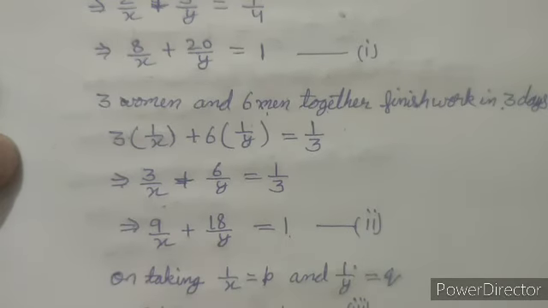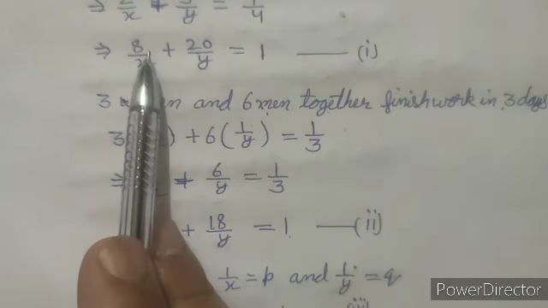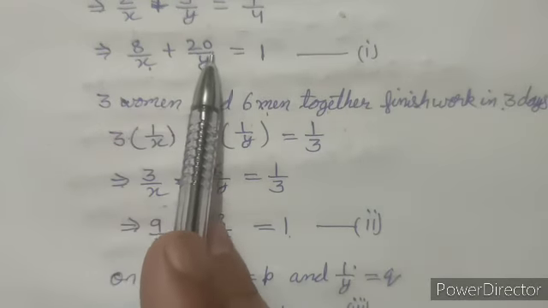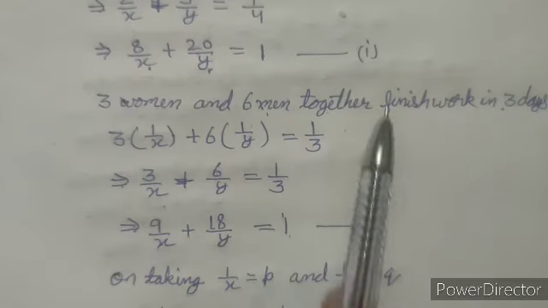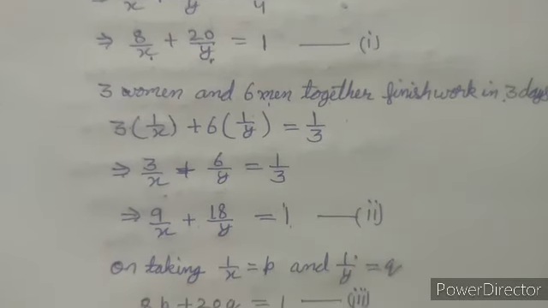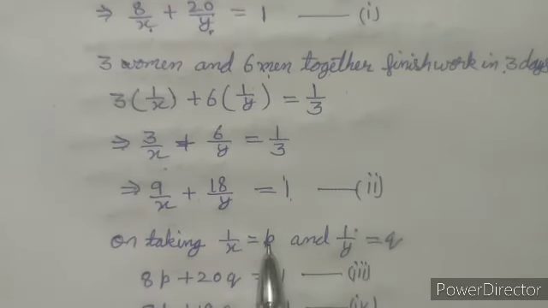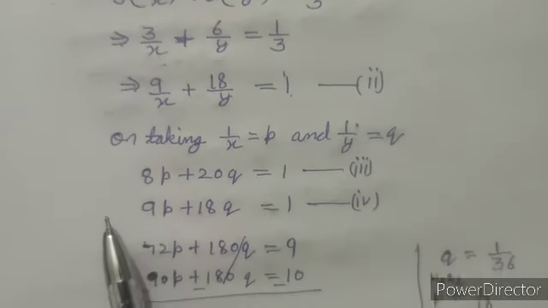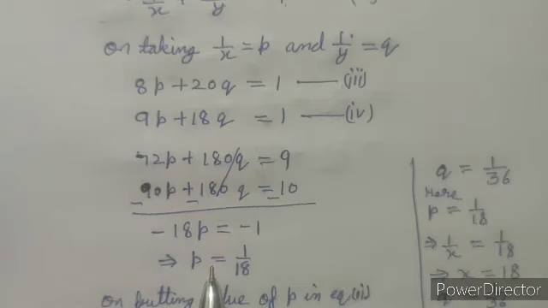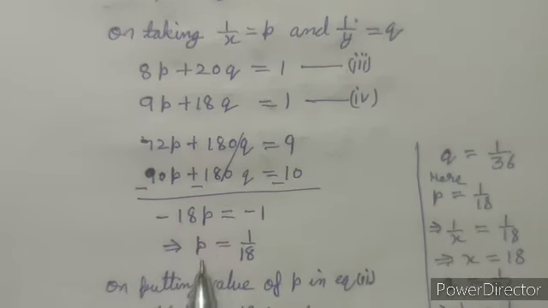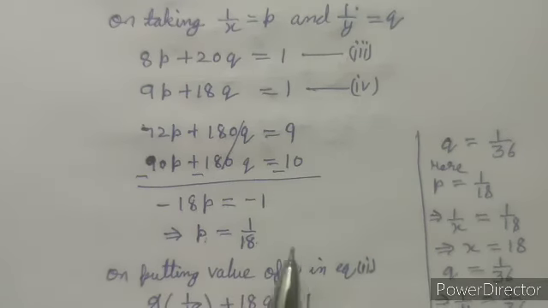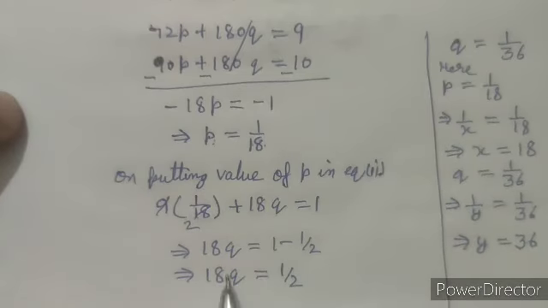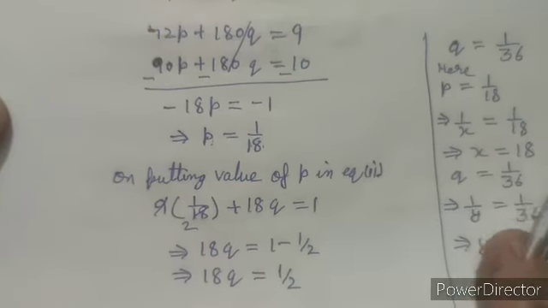Now we can take 1 upon x as u and 1 upon y as v in equations first and second. Now I have taken 1 upon x as p and 1 upon y as q. Now on solving these by elimination method we are getting p as 1 upon 18 and q as 1 upon 36.